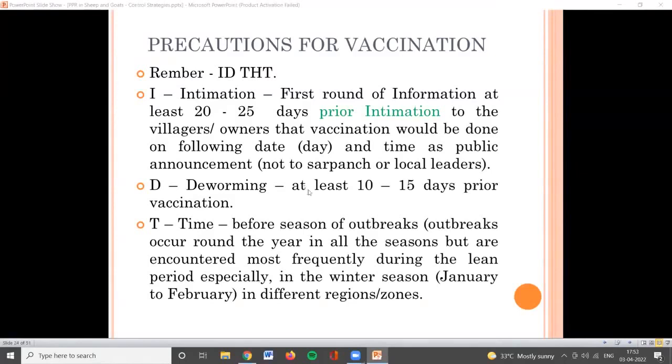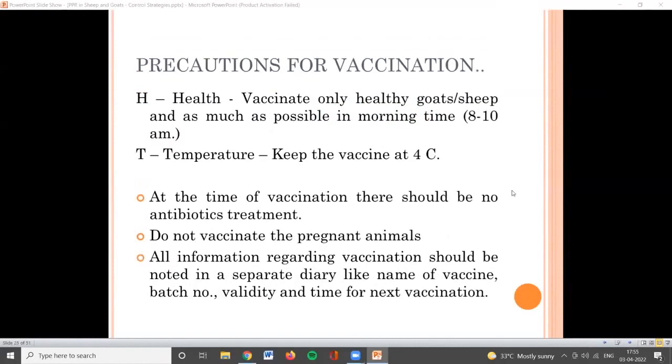D means deworming: we must deworm our animals 10 to 15 days prior to the vaccination and in time before the season of outbreak. We should vaccinate only healthy goats and sheep.